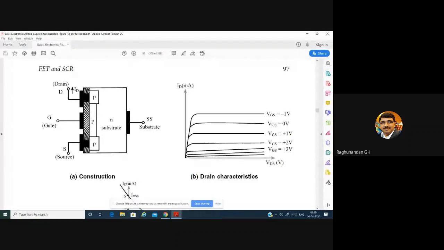Because of the negative voltage, holes are getting attracted. This creates a kind of attractive force, so that all the holes start moving towards this metallic contact, because it is at negative voltage. You know that holes are positively charged, and since they are positively charged, they get attracted towards the negative terminal.